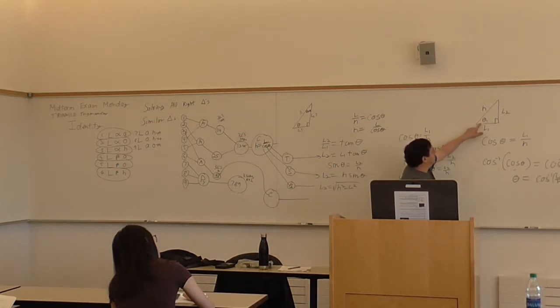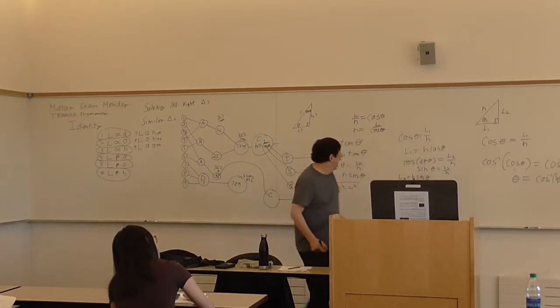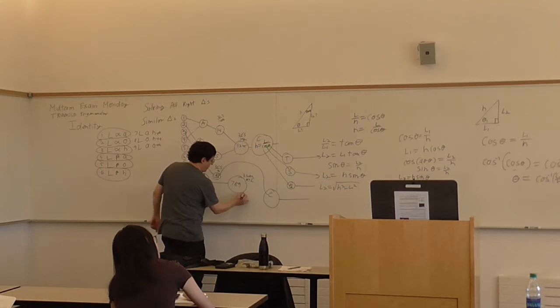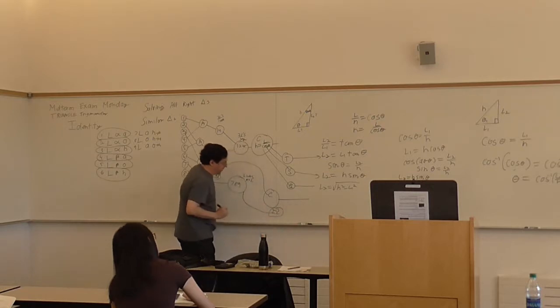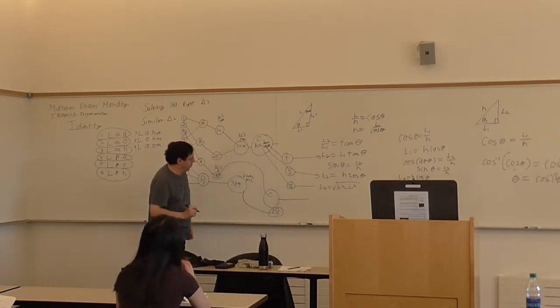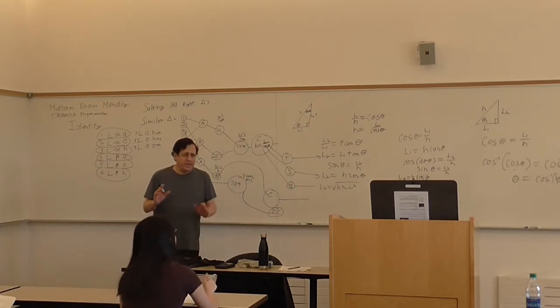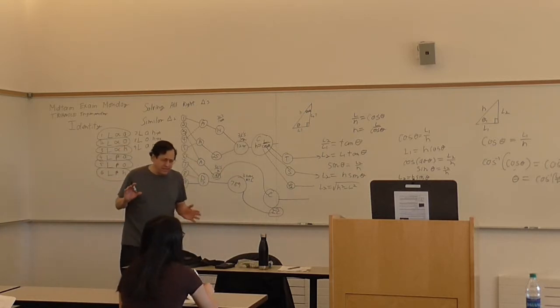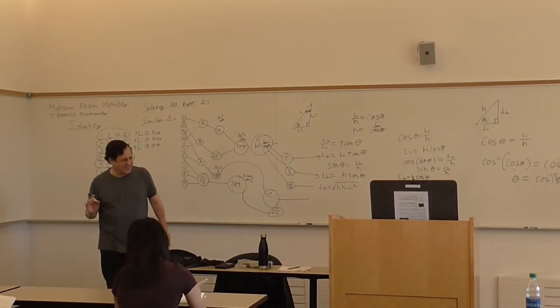Once we have theta, we know the other angle because that's just 90 minus theta. So inverse cosine, how about that? And that solves it for us. Maybe this wasn't the right way for you to look at it.